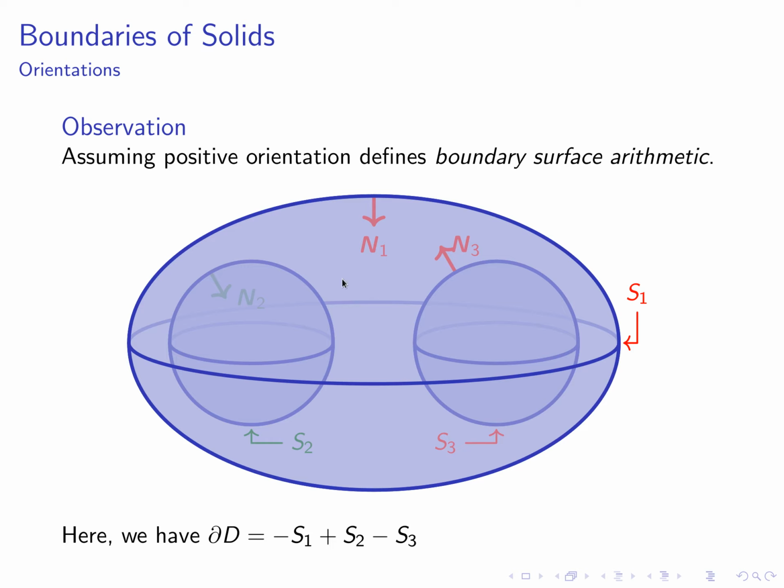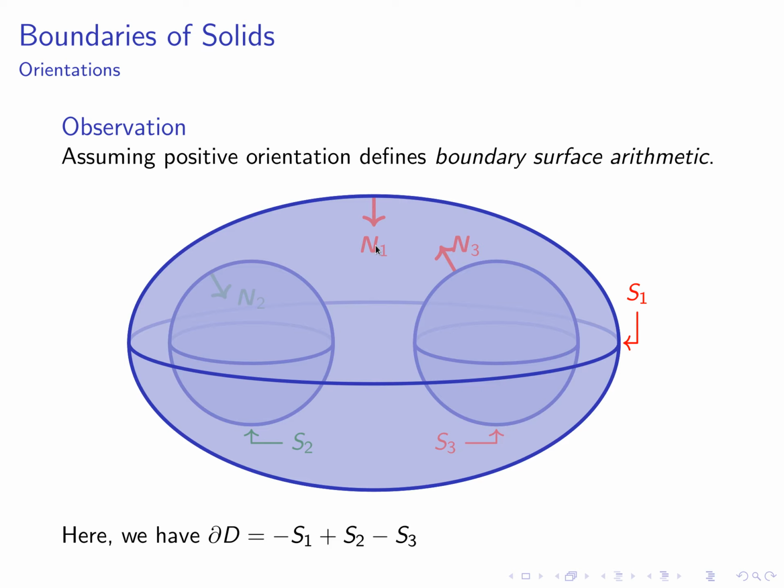Here, we're looking at a domain that is the inside of this large ellipsoid and outside of these 2 spheres inside of this larger ellipsoid. To have the positive orientation, we need the normal vector for this outer surface S1 to point away from the domain. But in our presentation here, we've equipped S1 with a normal vector that points into the domain.